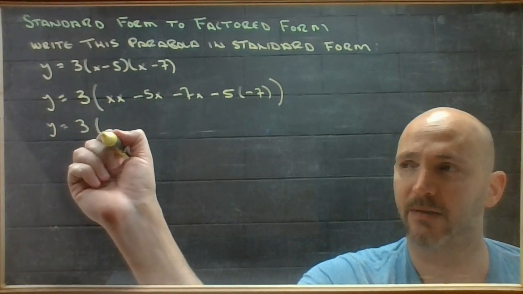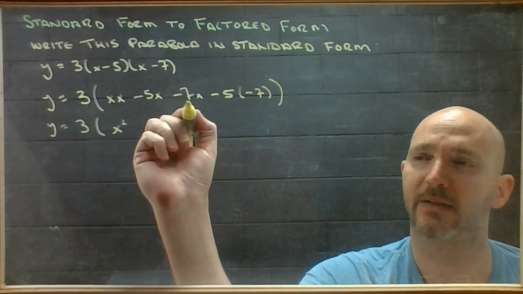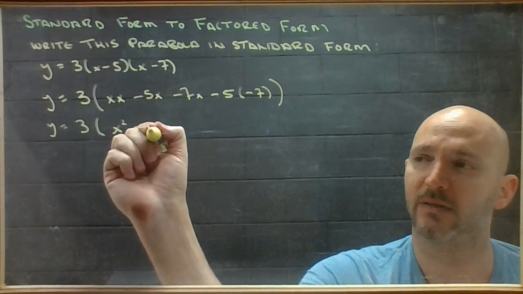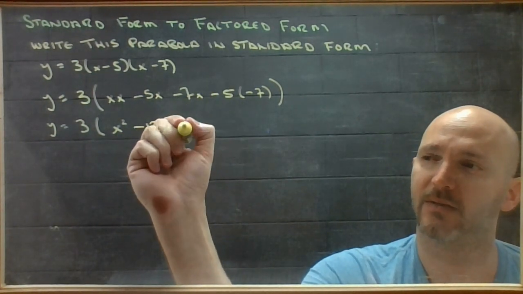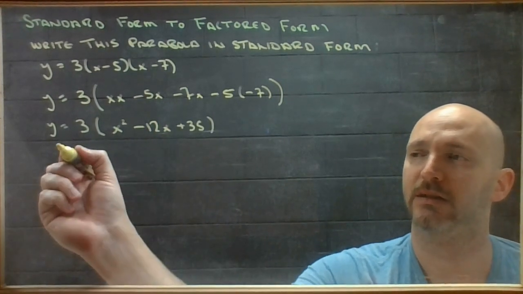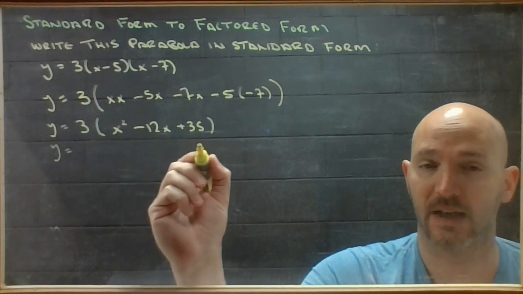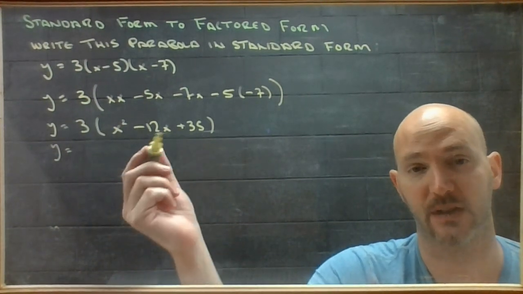Then I cleaned up everything, right? X times x was x squared. -5x minus 7x is -12x. -5 times -7 was plus 35. And then once that was all finished with the expansion, I could throw this number in front into the bracket.